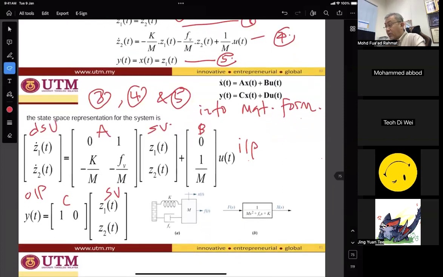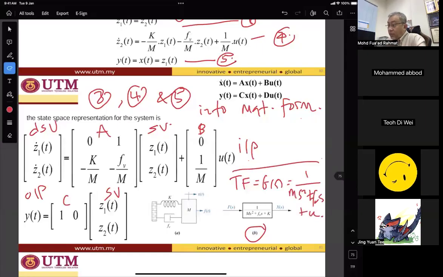So it is a second order system, as proved in chapter 2B. In chapter 2B, the transfer function model is 1 over m s square plus fv s plus K. This is what we derived in chapter 2B.